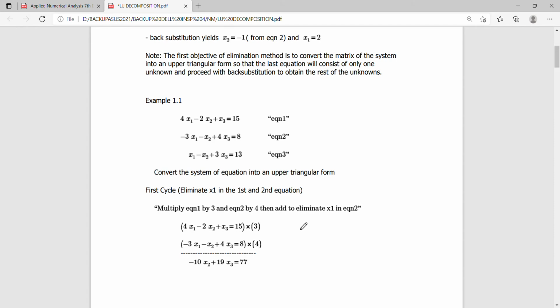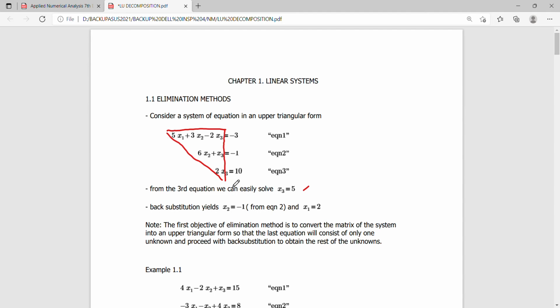So it will involve 1 or 2 cycles actually. Since your number of equations is 3, we have to reduce the coefficients of the second and the third, such that the form of the equations will be similar to the upper triangular system that we consider here in this presentation.